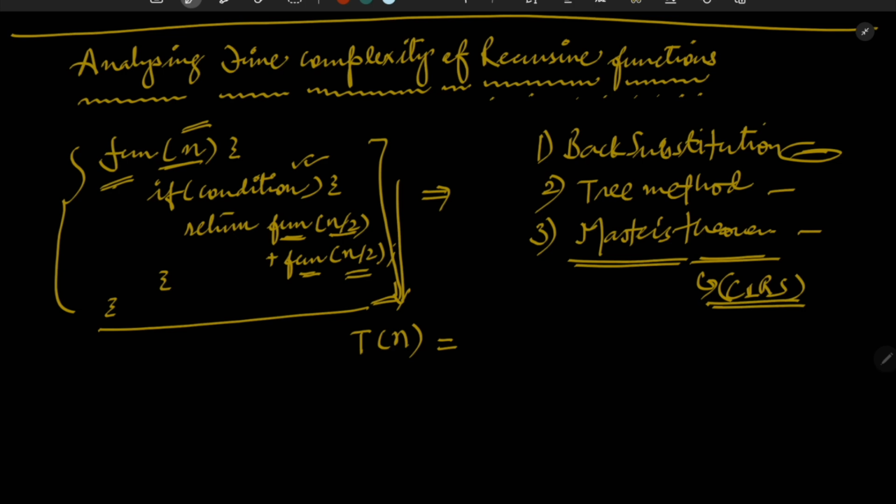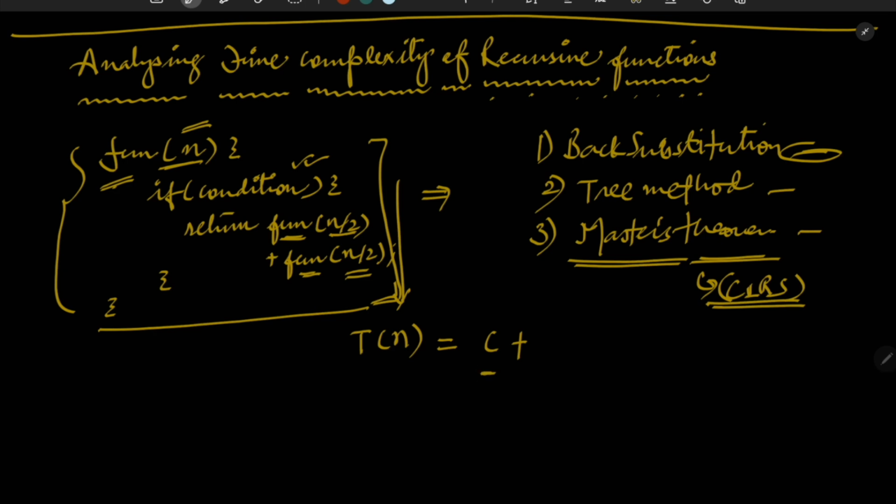If the condition evaluation takes a constant time c, why is it constant? Because this is just a condition evaluation, it does not depend on the size of the input, and there is no recursive call happening here.